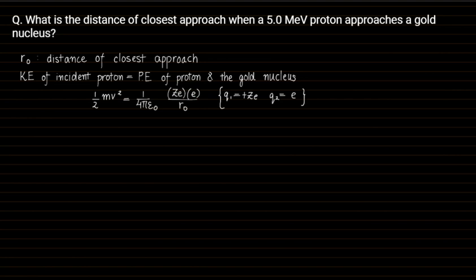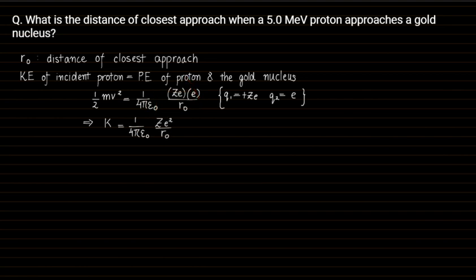So potential energy can be written as ZE multiplied by E upon r0. Your kinetic energy of the proton, half mv square, can also be written as capital K for simplification. This is equal to 1 upon 4 pi epsilon naught, and if you multiply ZE times E, it will be ZE square divided by r0.